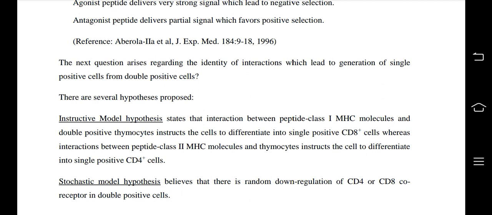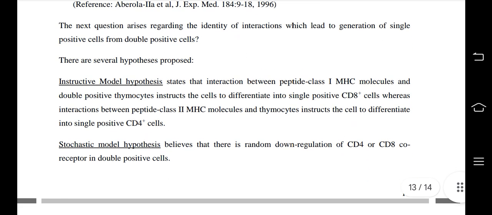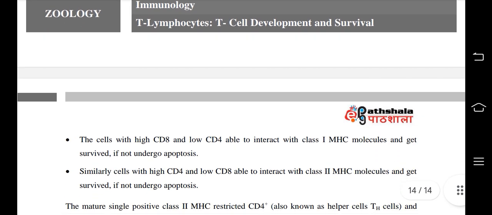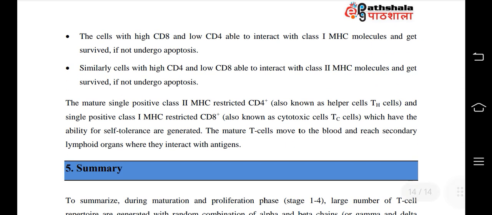Then the stochastic model hypothesis believes that there is random downregulation of the CD8 or CD4 co-receptor in double positive cells. The cells with high CD8 and low CD4 are able to interact with class 1 MHC molecules and survive, if not they undergo apoptosis. Similarly, cells with high CD4 and low CD8 are able to interact with class 2 MHC molecules and survive, if not they undergo apoptosis.